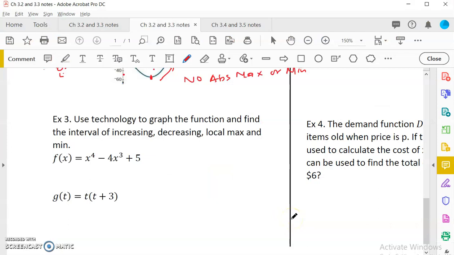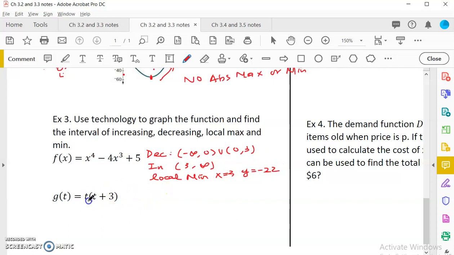So we would say decreasing from -infinity to 0, and then from 0 to 3. And then increasing after that from 3 to infinity. Local, we only have a local min at x equal to 3, y equal to -22.